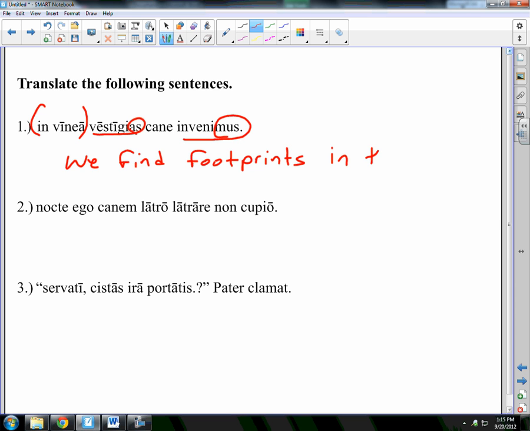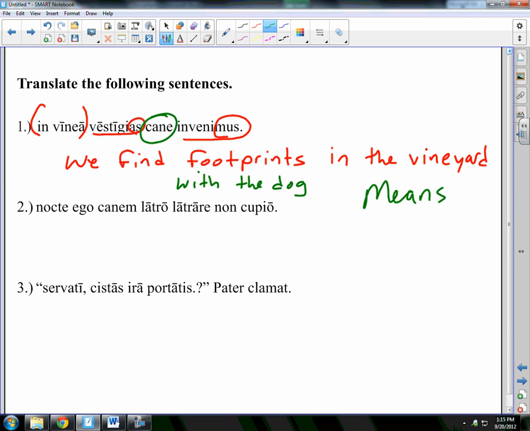In the vineyard. And then I have the word dog here. From canis. Third declension. The e signifies that it's ablative. Is this an object that I can touch? Is it a physical object? The answer is yes. So I'm going to have an ablative with the dog. I'm going to have an ablative of means. An object that I can use to accomplish a task is going to be ablative of means.